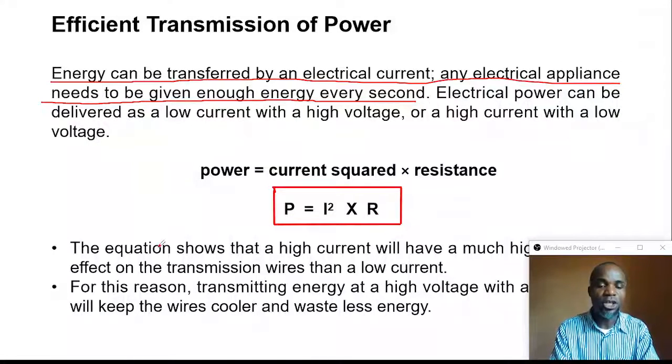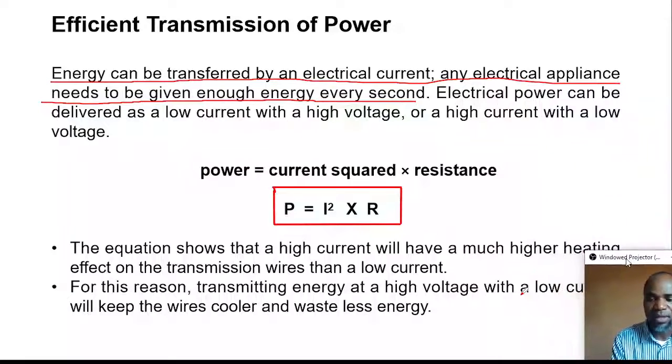The equation shows that a high current will have a much higher effect on the transmission wires than a low current.